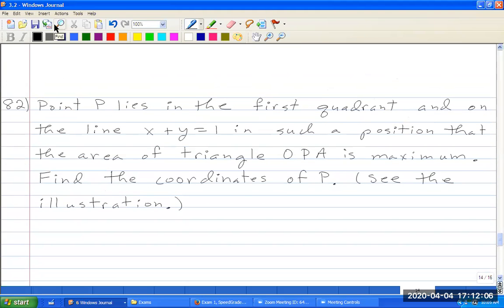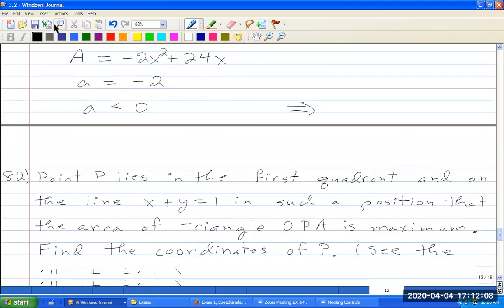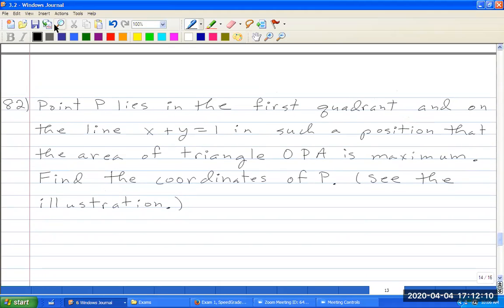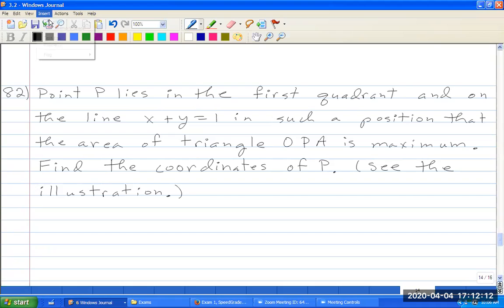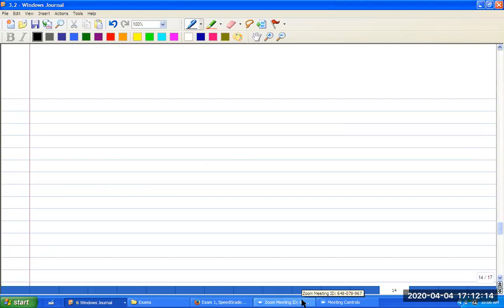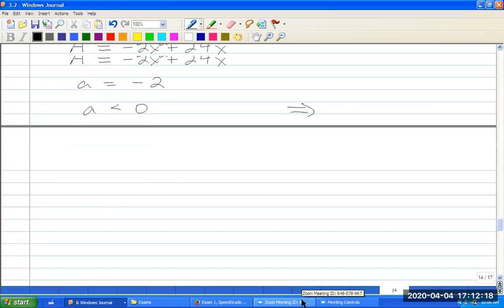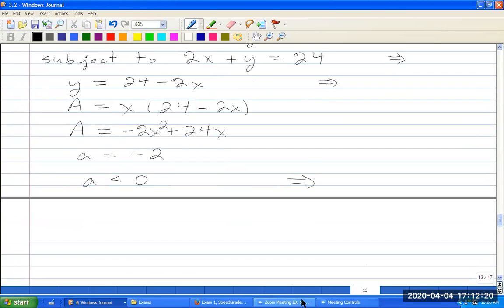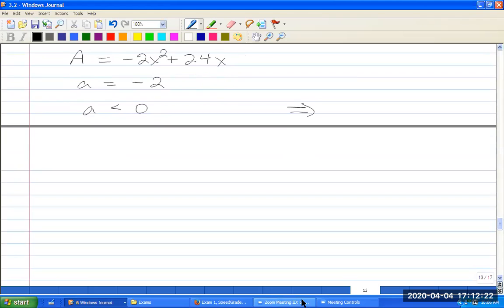Since a, the coefficient in front of the quadratic term, is less than 0, this parabola points downward.